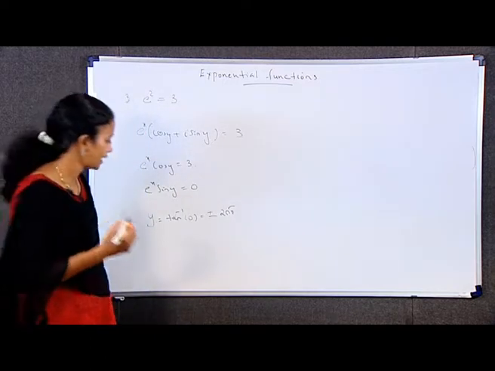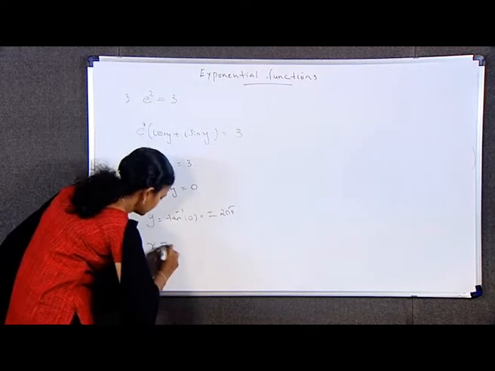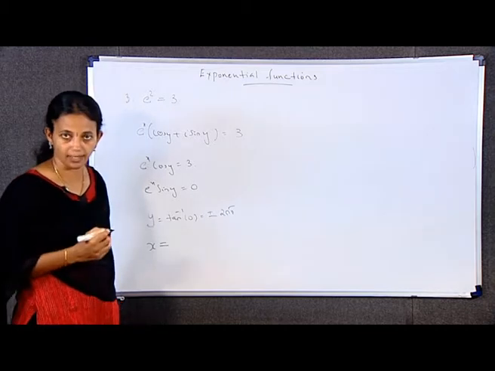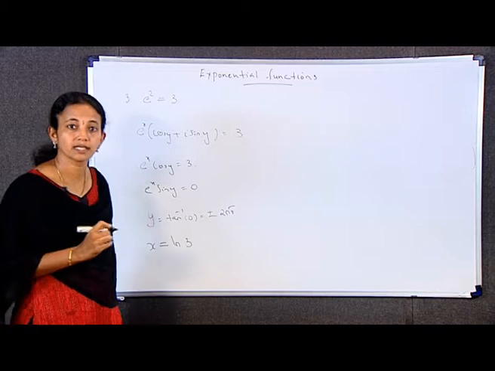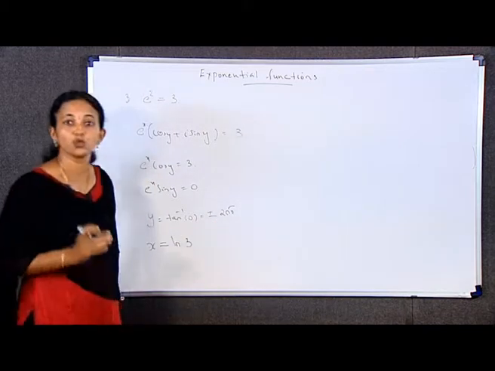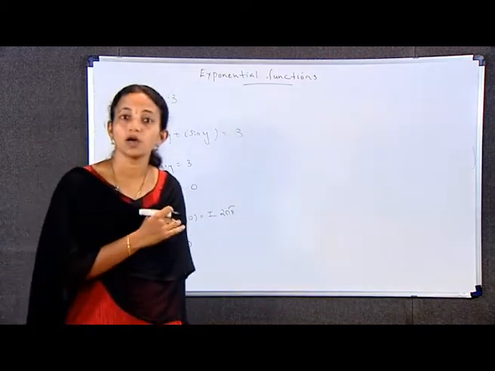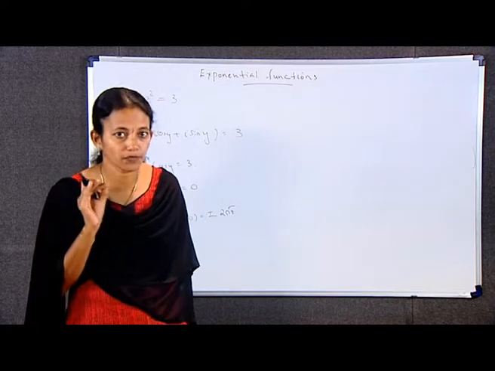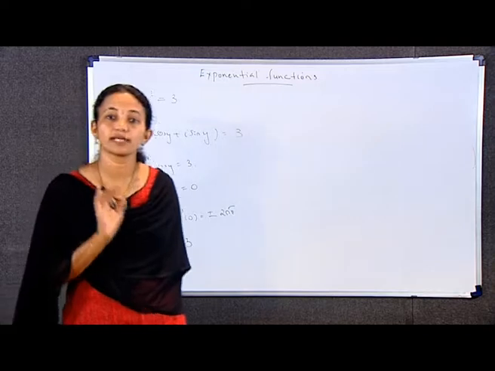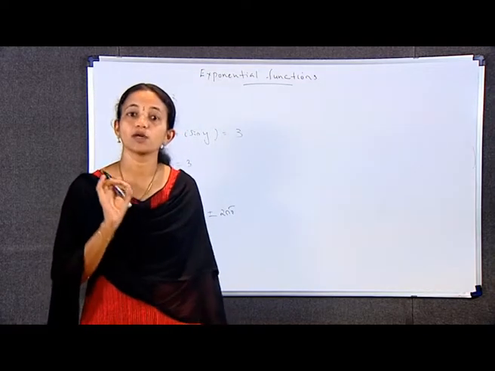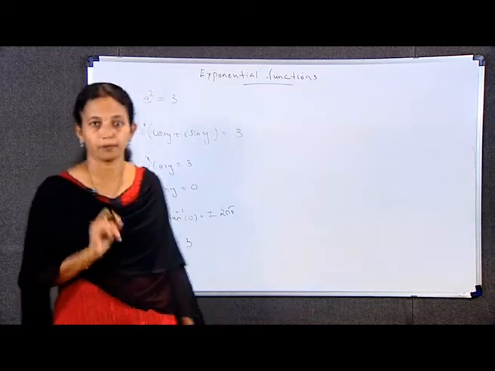Which implies x is equal to ln 3, and y is equal to plus or minus 2n pi. Here ln 3 is the natural logarithm of 3 used in real calculus, which implies z is equal to x plus iy is equal to ln 3 plus or minus 2n pi i.